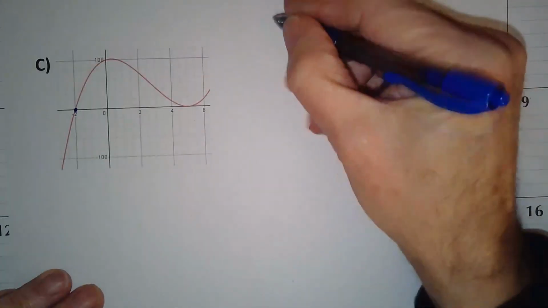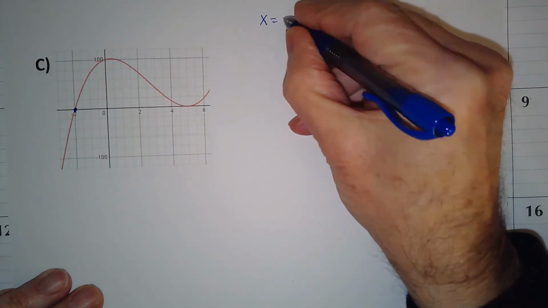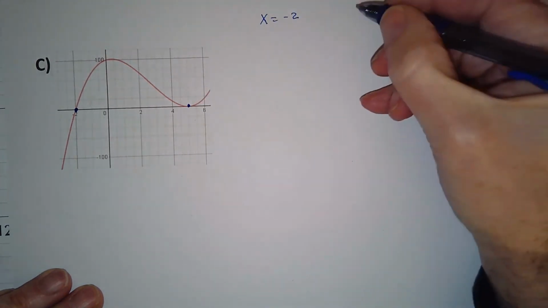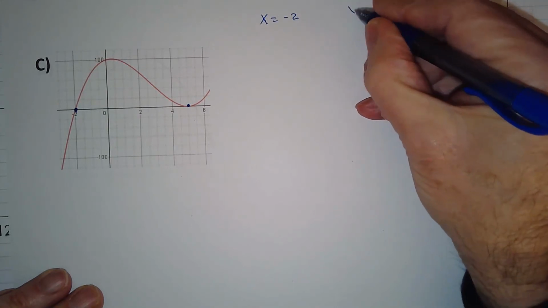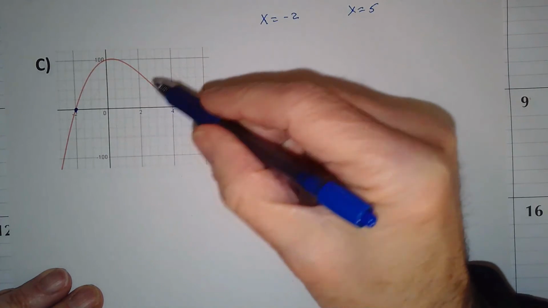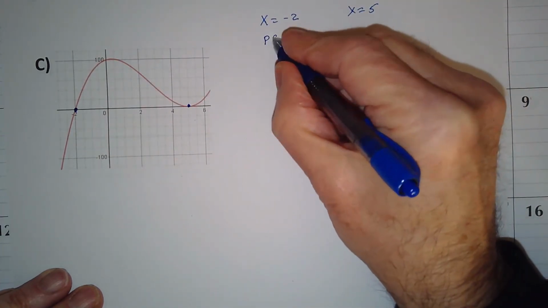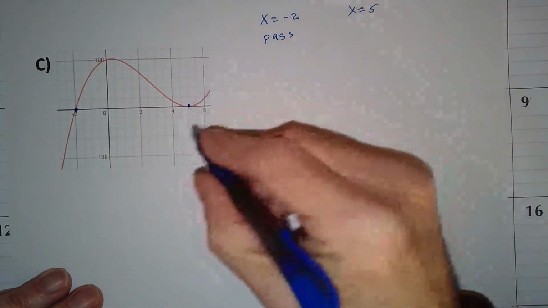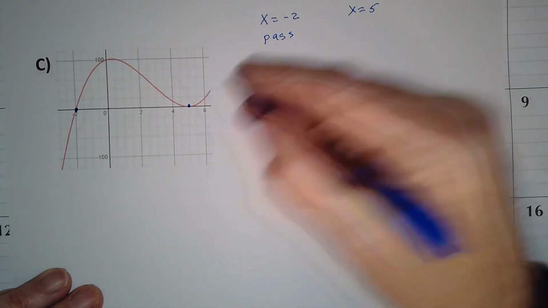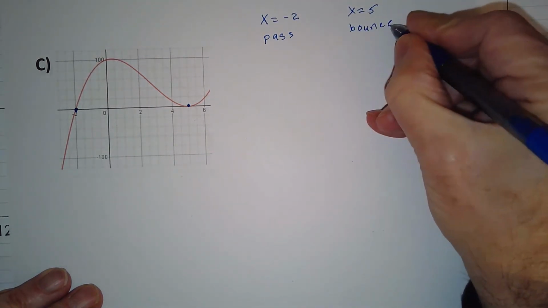So let's write x equals -2, and then we've got another one here at, looks like x equals 5, right? And both of these, well, this one's a pass, and where x equals 5, that is a bounce. So two different things happen.